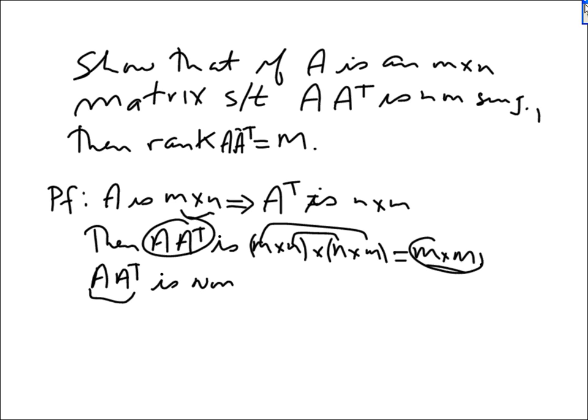If A times A transpose is non-singular, that implies that the rank of A is m, excuse me. And that completes that proof. And it also completes our section on the rank of a matrix.